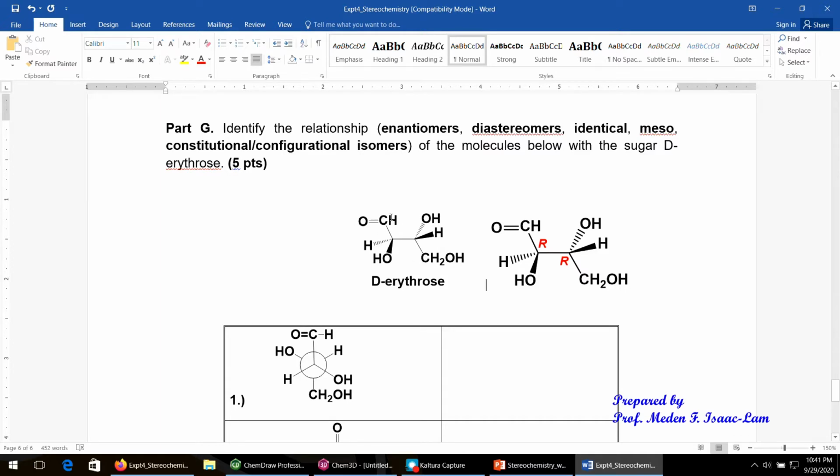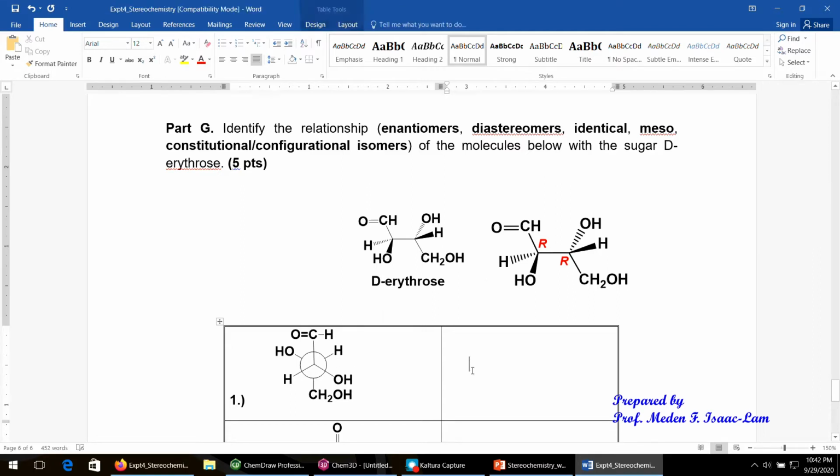So this group and that group is going to be up, below. So the OH and H on the dashed wedge are going to be on the left side, while the H and OH on the wedges are going to be on the right side. In fact, these are the same, therefore these two are identical.